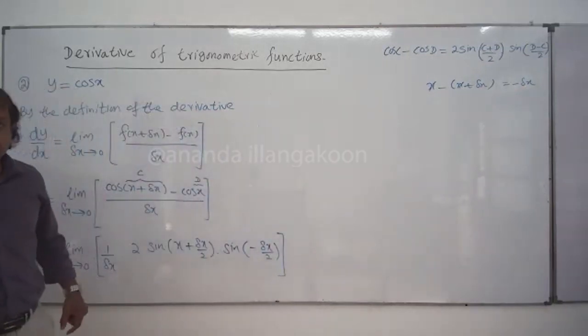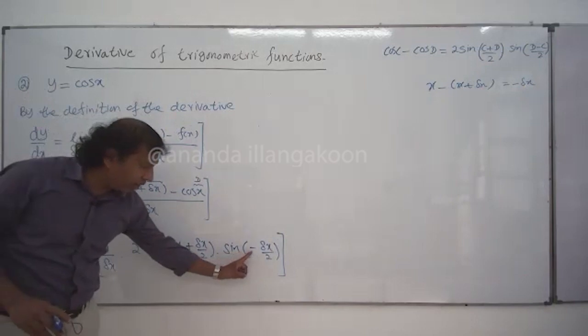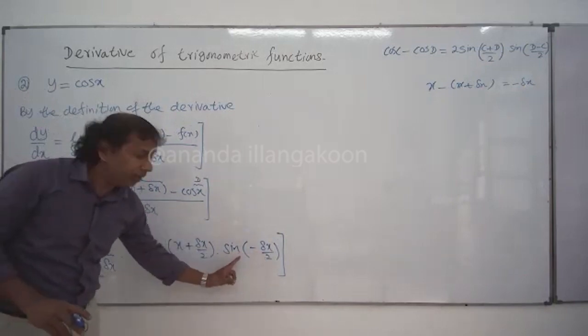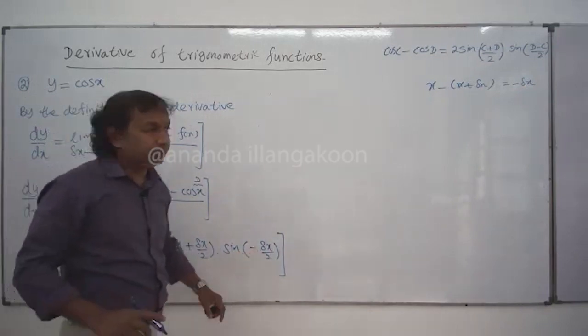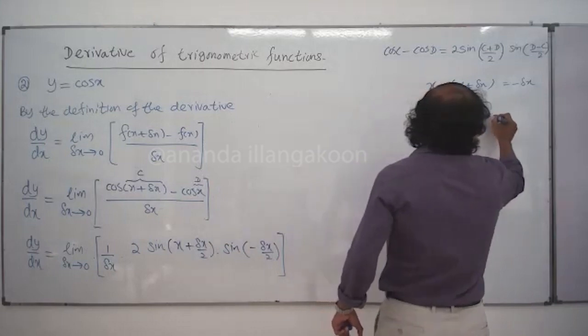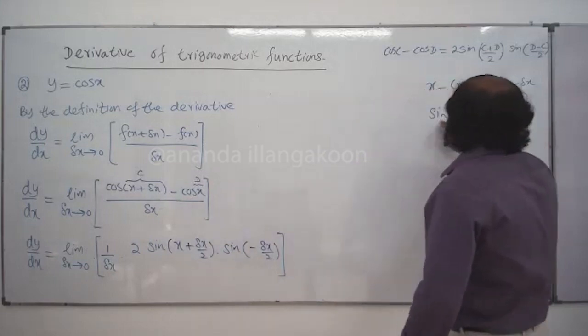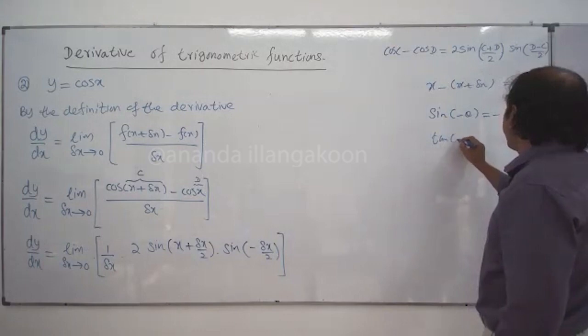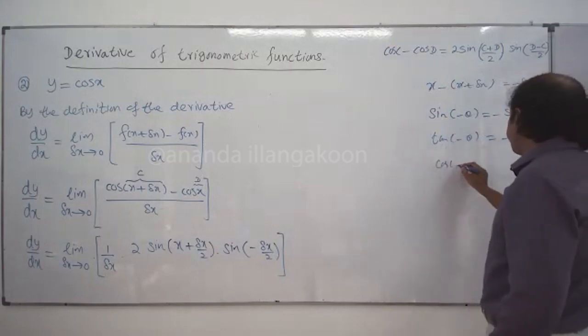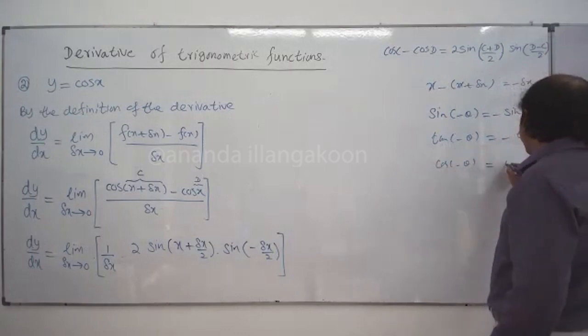People, in trigonometry we learned whenever we have a minus sign in the angle with sine before that, that minus sign you can take out. This kind of result you can remember: sine minus theta is equal to minus sine theta. Not only sine, but tan also, if we have like this, that minus sign you can take out. But when you have cos, this minus sign you can't take out.